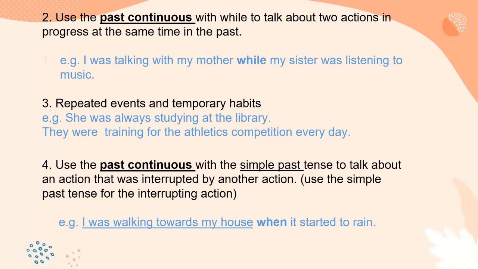The first action, I was talking with my mother, is in past continuous, and the second, my sister was listening to music, is also in past continuous. So that means that both were in progress at the same time in the past.